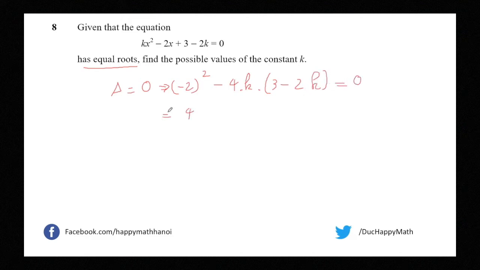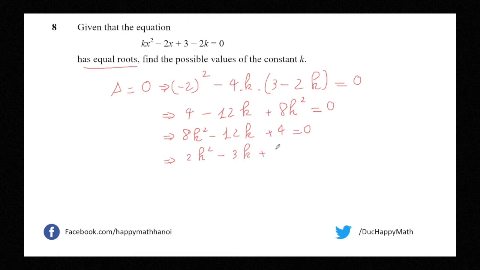So this is 4 minus 12k plus 8k squared plus 4 equal to 0. Divide all of them by 4, and you get 2k squared minus 3k plus 1 equal to 0.